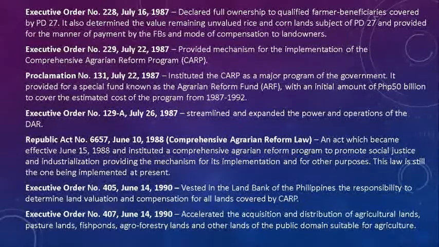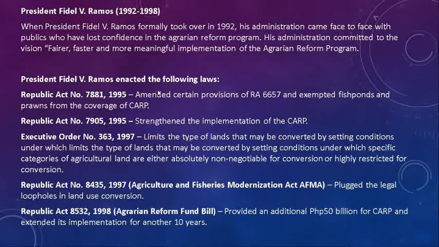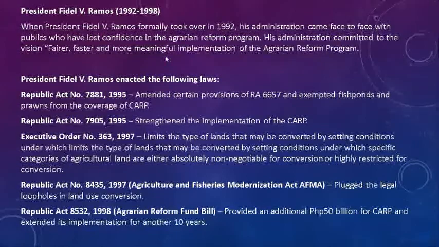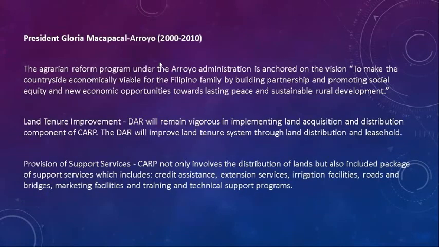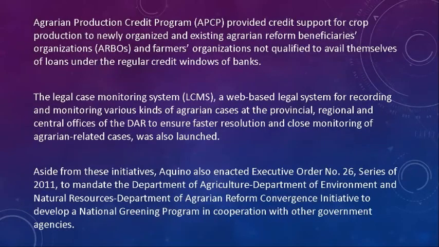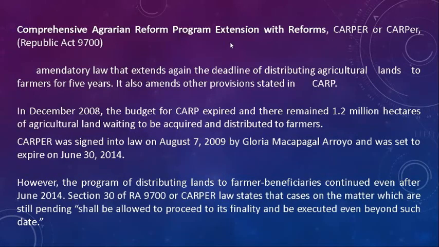that they drafted very fast. And currently, in 2018, the CARP, which was started by Corazon Aquino, was continued by the administration of Fidel V. Ramos, by the Estrada administration, and even by the Gloria Macapagal Arroyo administration, which basically led to the birth of the CARPER, the Comprehensive Agrarian Reform Program Extension with Reforms.